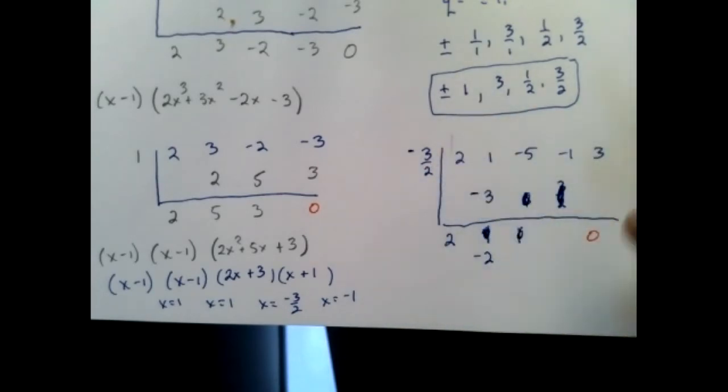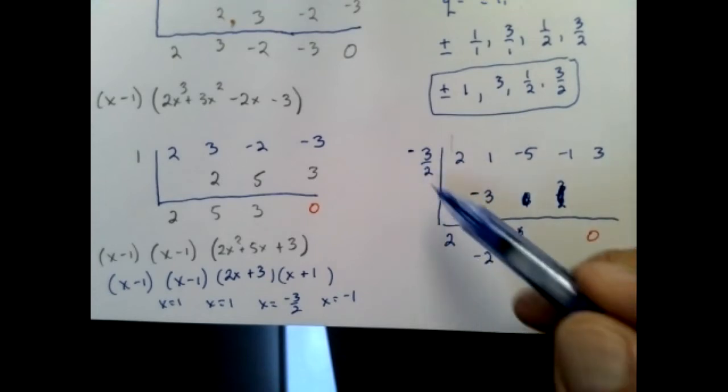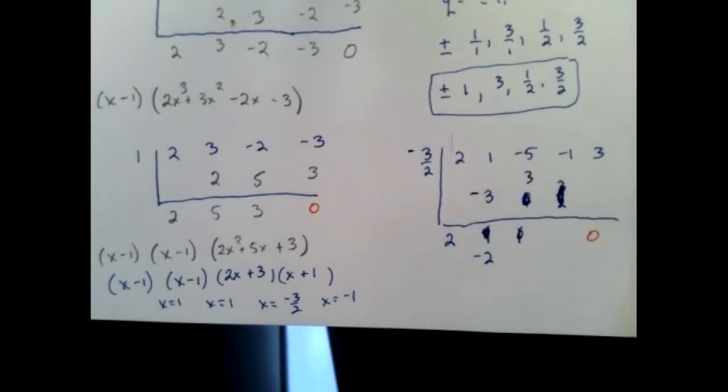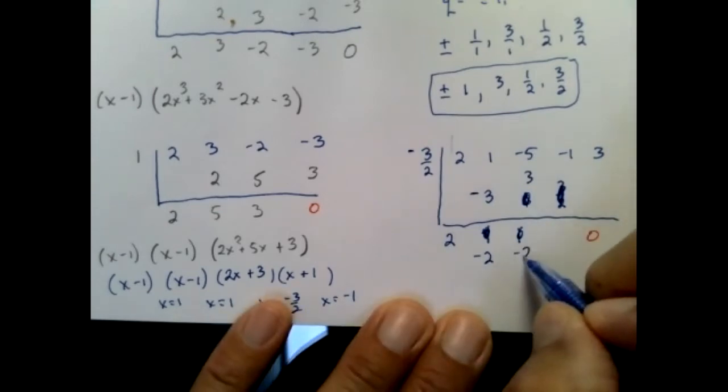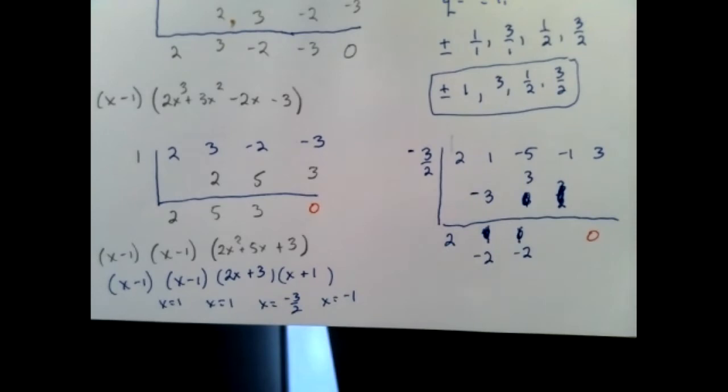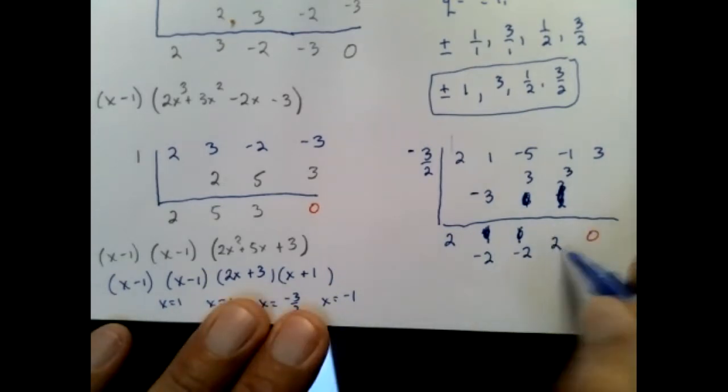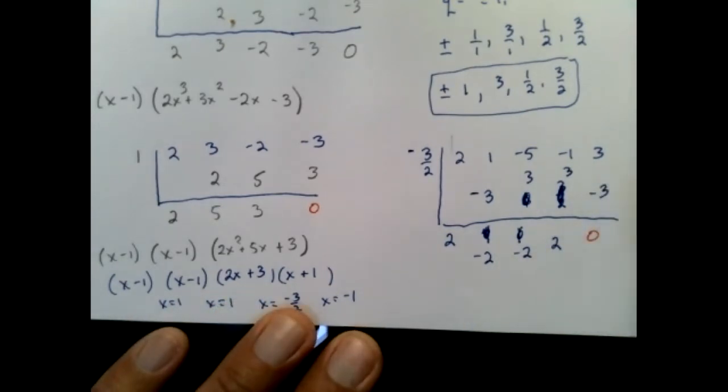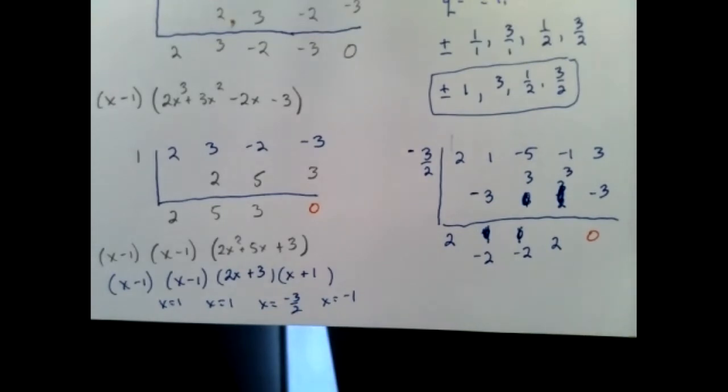If I multiply by negative 3/2, the negatives cancel, the 2's cancel. This is a 3. Negative 2, 3, 2, negative 3. And if I add those, I get 0. All right, so fractions actually work. Negative numbers actually work. It's all good.